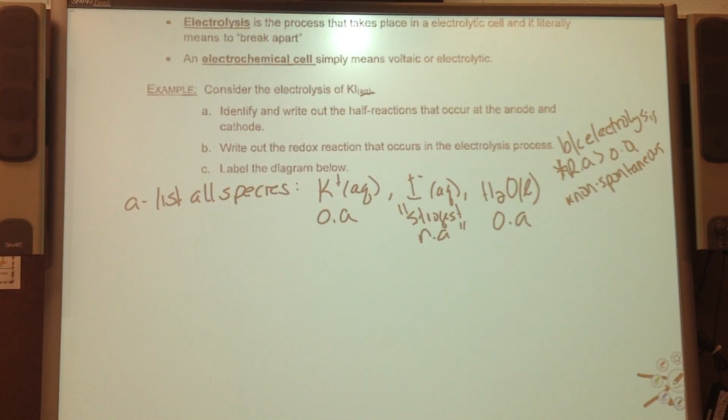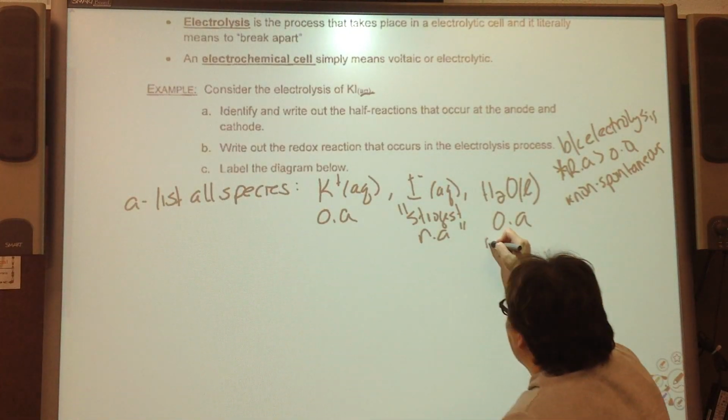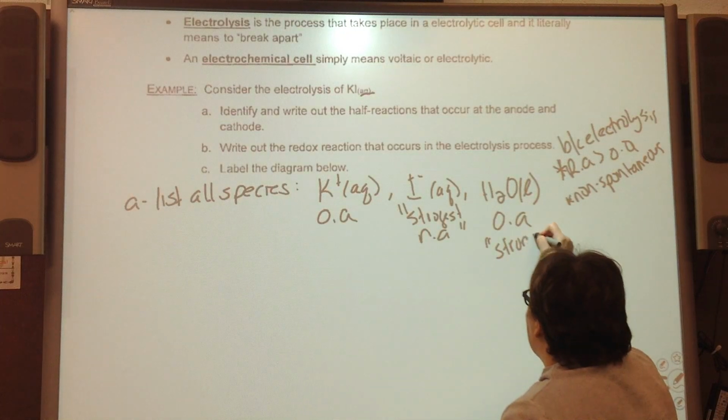I would go with water because K is near the very bottom. So it is an oxidizing agent, but this is the strongest.